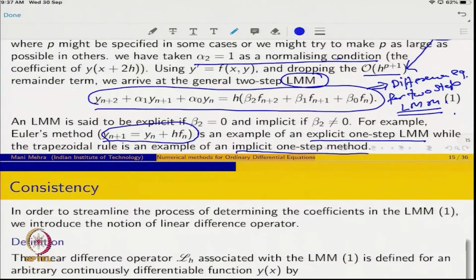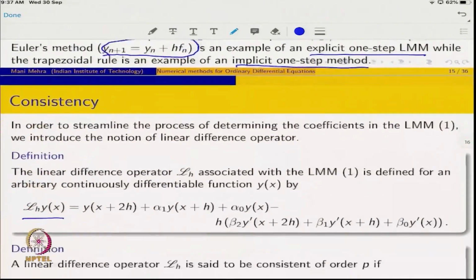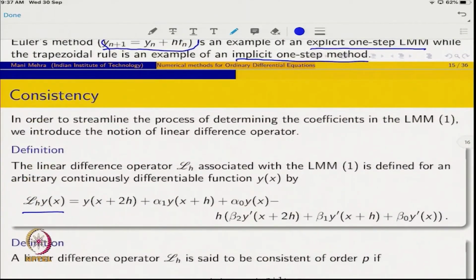So, what are we doing? We are taking the difference of the left hand side and right hand side terms, if you observe this carefully. What should be our expectation from any difference equation?